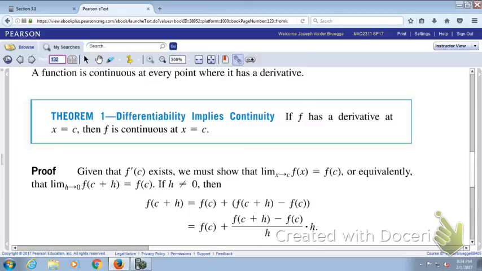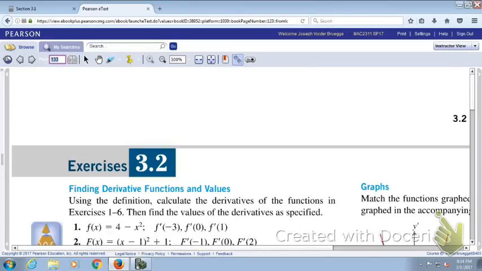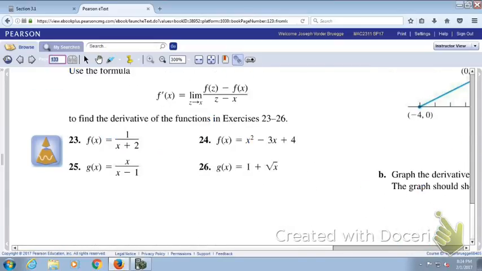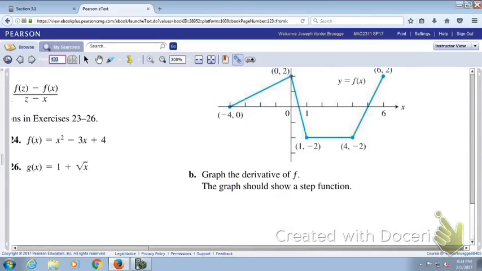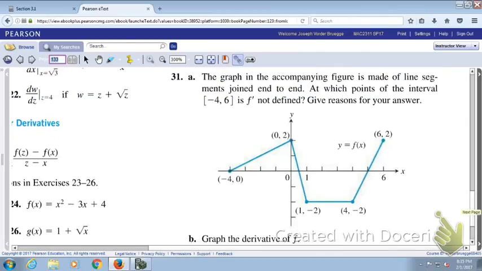Let's jump into one of the exercises here. So number 31.